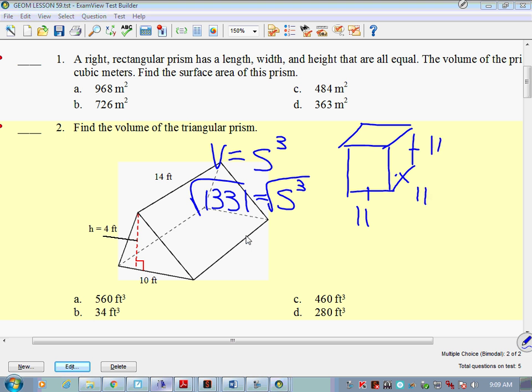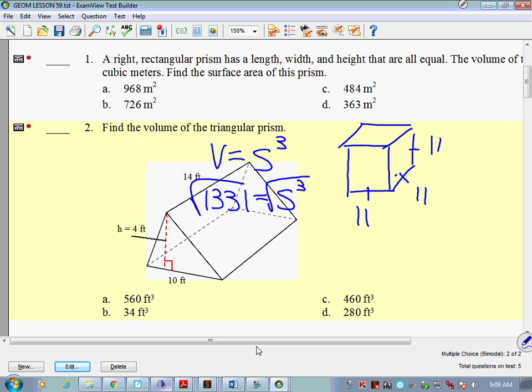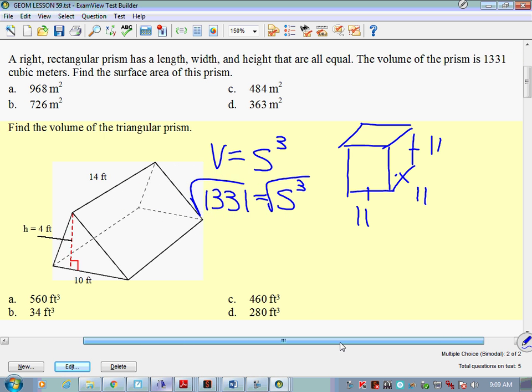They're asking me to find the surface area of the prism, not the lateral area, but the surface area. And if you remember in our definitions, surface area is the area of all sides. Or we know that surface area, they gave us a formula for that. Let's move this back over here.